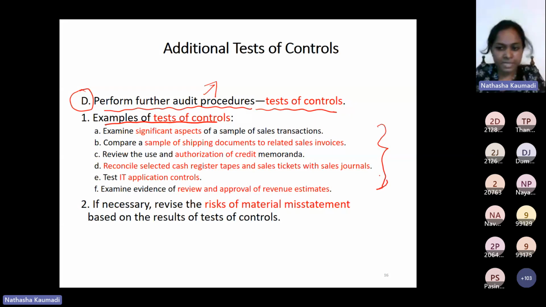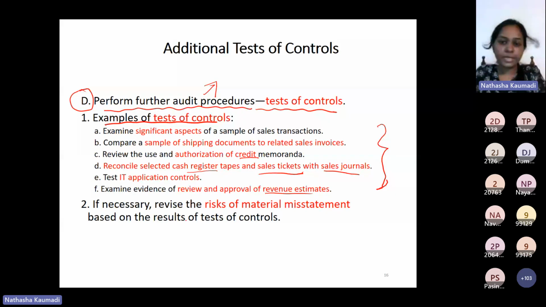We will be discussing the test of controls in detail, but as a summary, overall figure: compare a sample of shipping documents to related sales invoices, review the use and authorization of credit, you check whether the credit limits have been approved, reconcile selected cash register tapes and sales tickets with sales journals, test IT application controls, examine evidence of review and approval of revenue estimates. Likewise, these are a few examples. Okay, if necessary, revise the risk of material misstatement based on the results of test of controls.